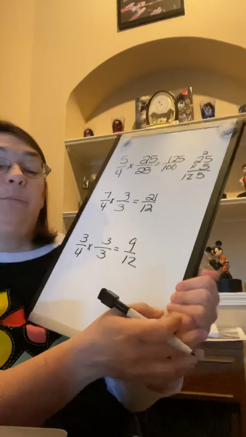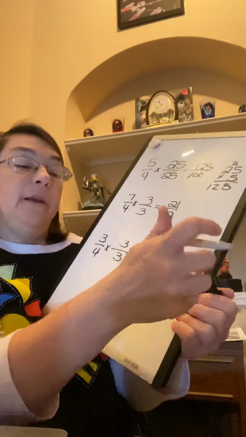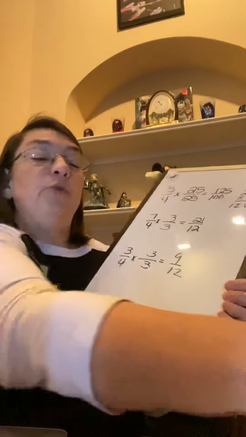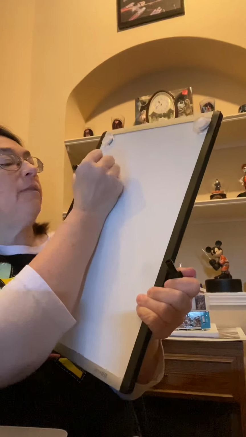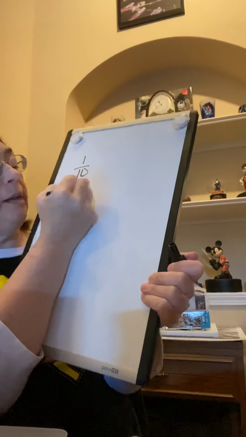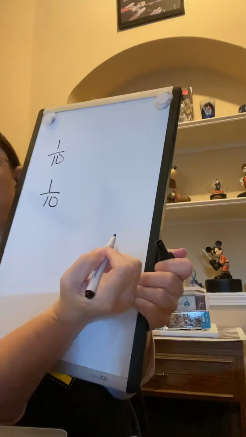All right. Now, on 14 through 21, it says, write 2 equivalent fractions for each one that's given. Now, this is the easiest way to do this. I'm given 1/10 for number 14. I'm going to write it twice because I know I have to give 2 equivalent fractions.